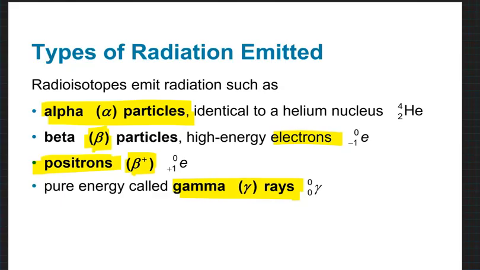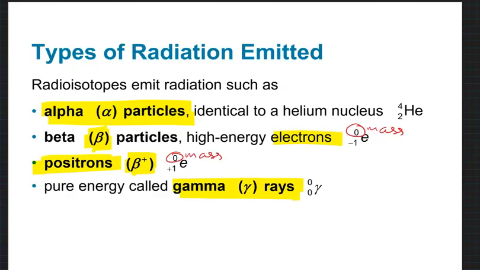And this can be reflected if you take a look at this. So alpha particles, right? The atomic mass is 4, 2 protons, 2 neutrons, and the charge is 2 because there are 2 protons. Then you look at the electrons and positrons. What is the mass? 0. Okay?